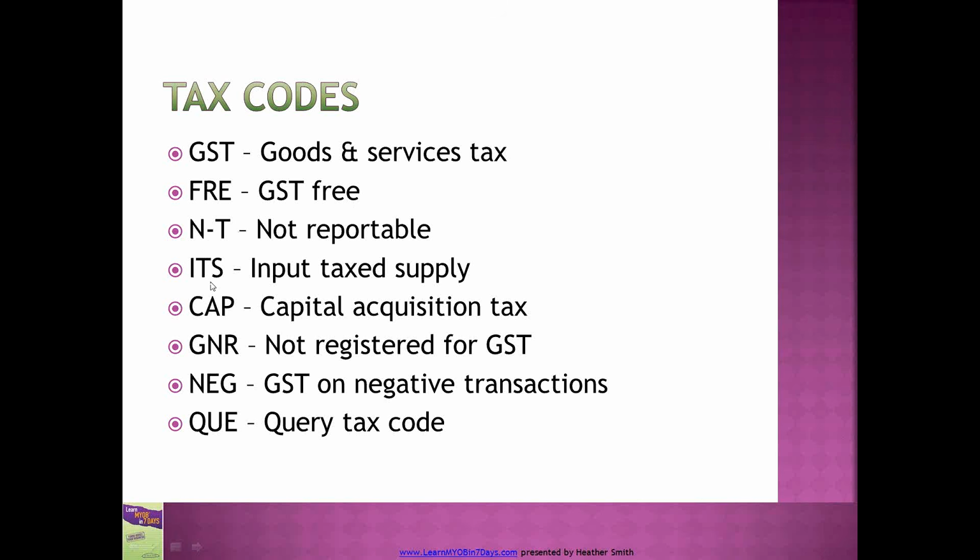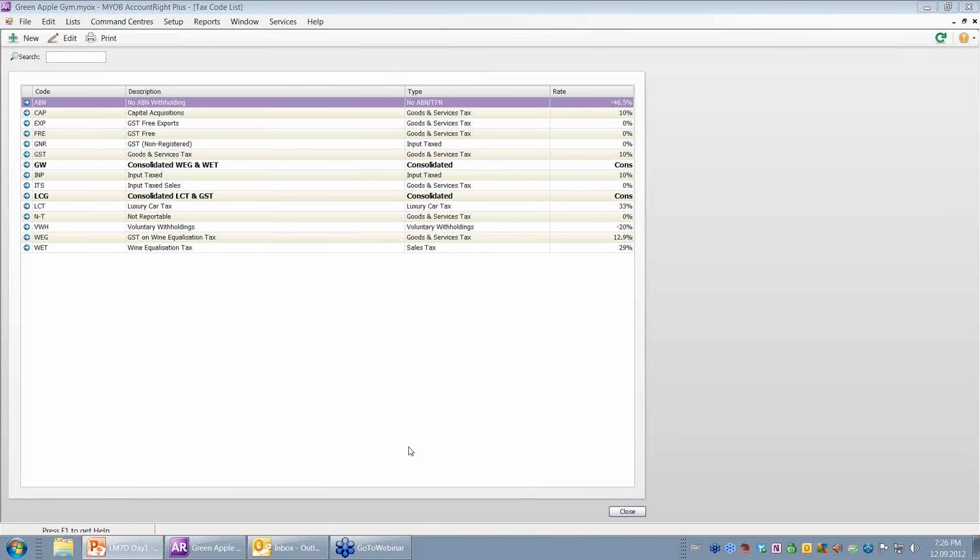NT, not reportable. ITS, Input Tax Supply. CAP, Capital Acquisition Tax. GNR, not registered for GST. NEG, GST on a negative transaction. And QUE, Query Tax Code. So let's go through that and have a look at what we've got here.